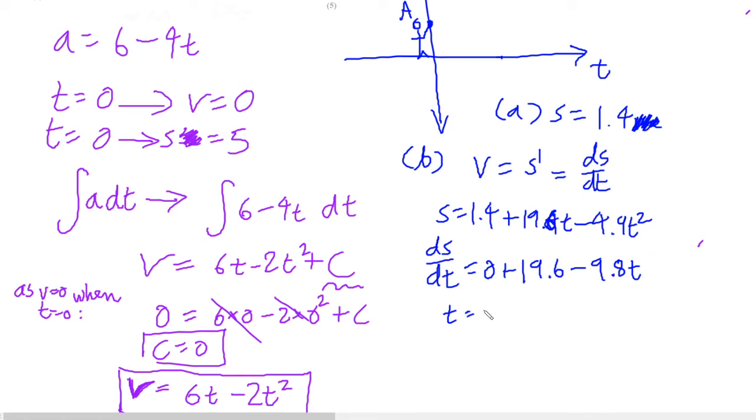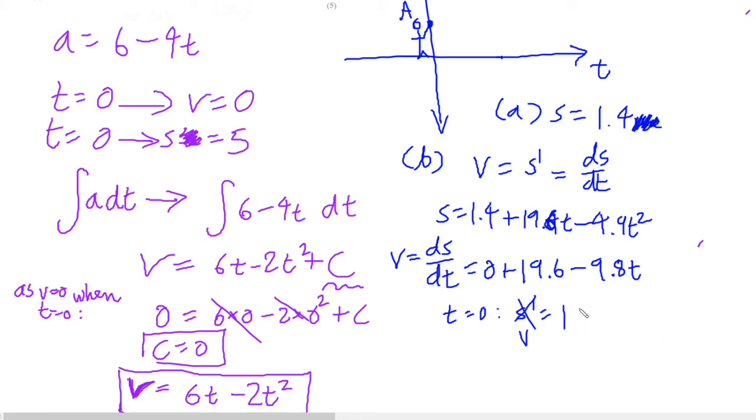And when t is equal to 0, s prime, prime here meaning differential with respect to something, we should rather write v because it's more appropriate to the question. v is equal to 0 plus 19.6 minus 9.8 times 0 because t is 0.